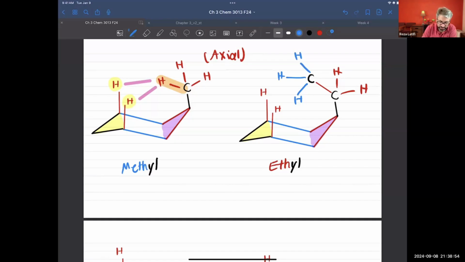As you see, two hydrogen atoms are now close, and I have one here, and that's the second one. They will be too close to these 2 hydrogens, and that's going to create huge 1,3 diaxial strain. So as the size of the substituent increases, it gets closer to the hydrogen atoms, and that's going to create a stronger 1,3 diaxial strain.